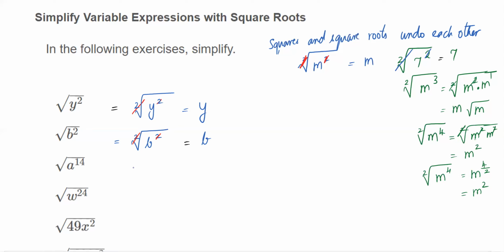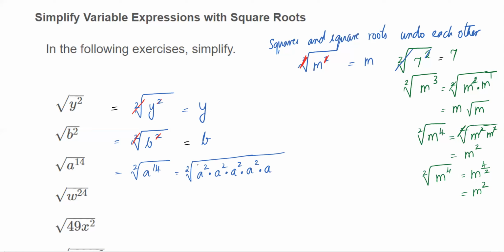What about a power 14? So then again, this is a 2 here, and a power 14, 14 could be written a power 2 times a power 2 times a power 2. How many times? 7 times, right? Why am I doing the 2?